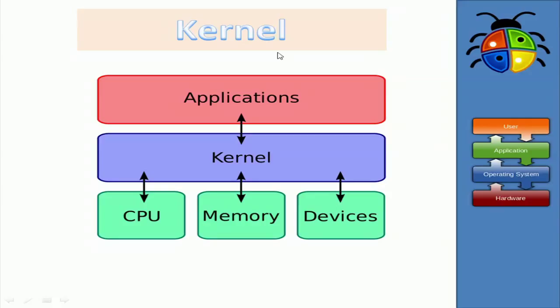So let's think about this. Let's imagine applications are students. We've got 10 students in one classroom, and we have different resources that the students need. So let's say, for example, the classroom only has one computer. So what's going to happen? Are all these applications, are all these students allowed to fight over who gets to use the computer? No, we can't have that.